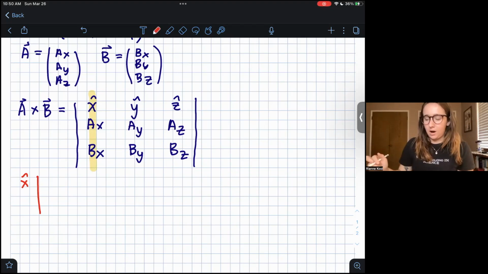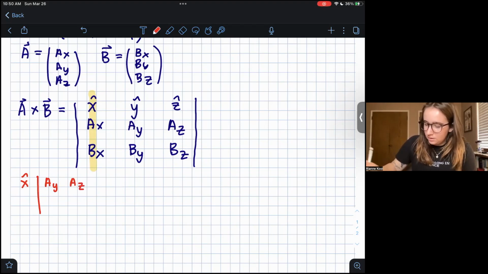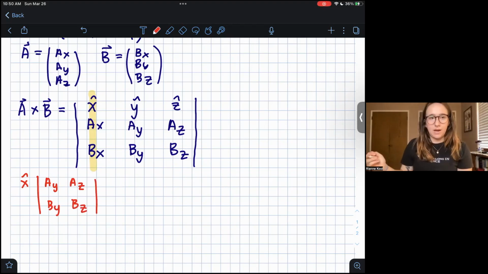So we have left AY and AZ and BY and BZ. And that becomes our vector part for the X direction.